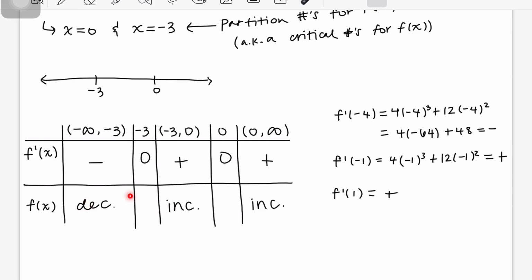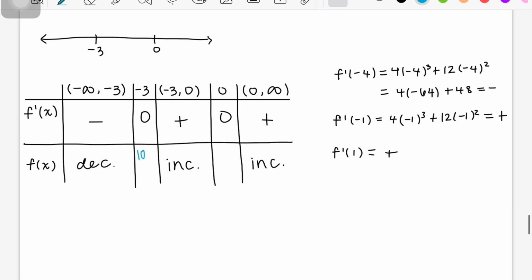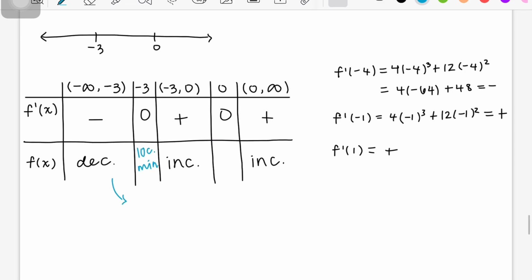And since we saw that our function's going from decreasing to increasing at this point here, we're going to have a local minimum. Right, so our function kind of looks like this, going from decreasing to increasing here. And then at this point, our function is not changing from increasing to decreasing or vice versa, so we're not going to have any extrema there.